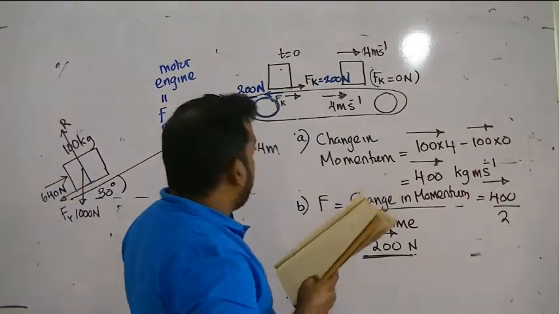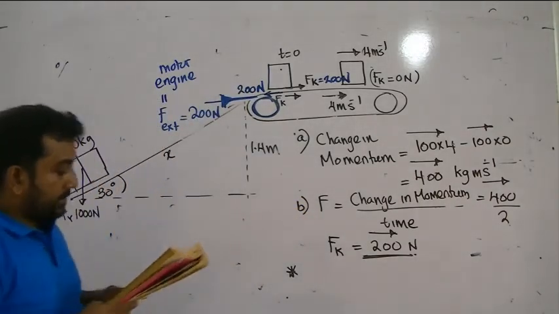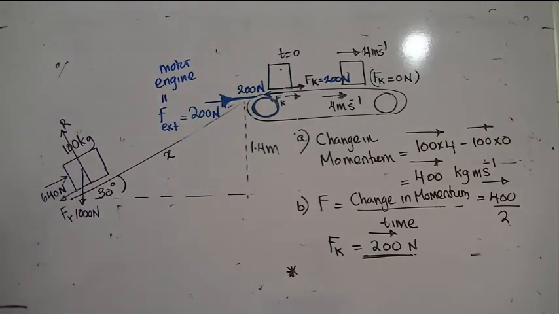The belt will have a friction force of 200 newtons acting backwards.